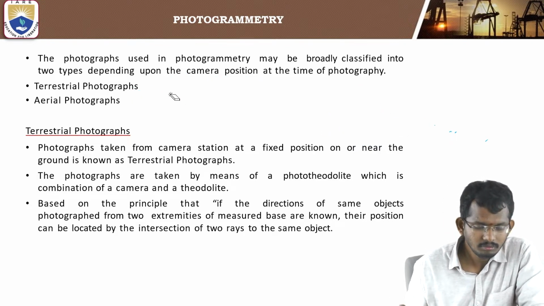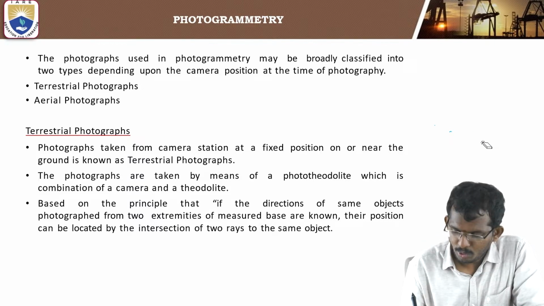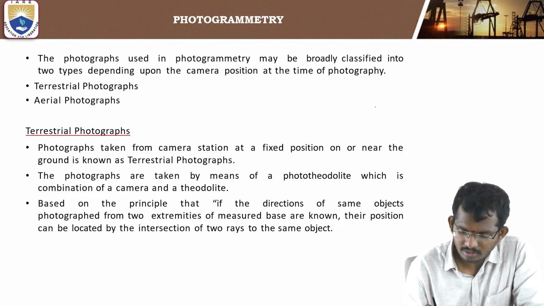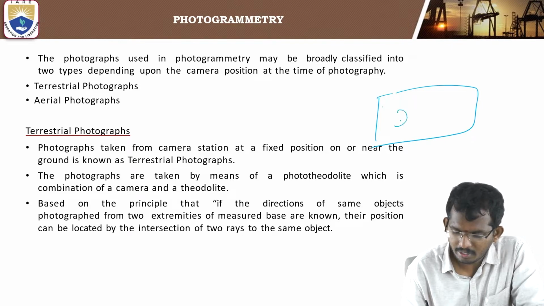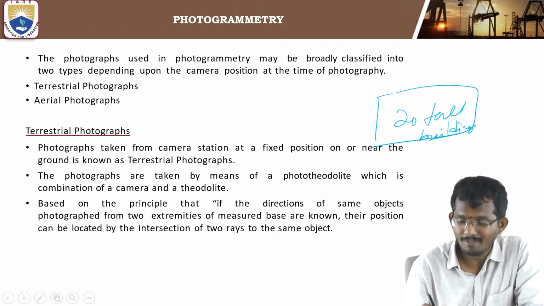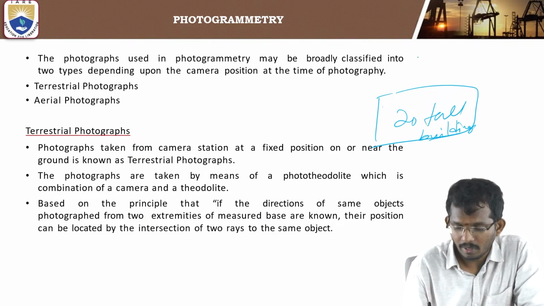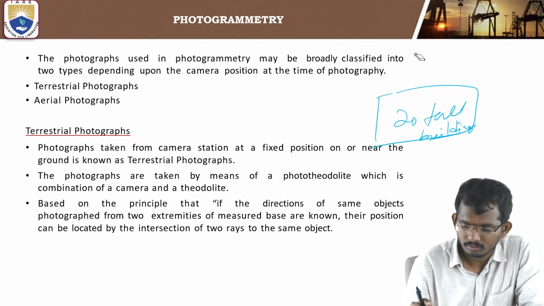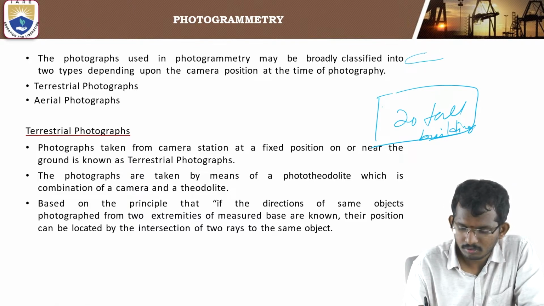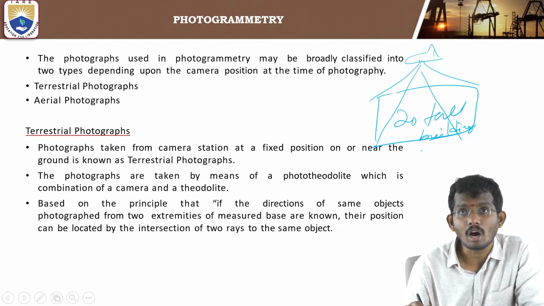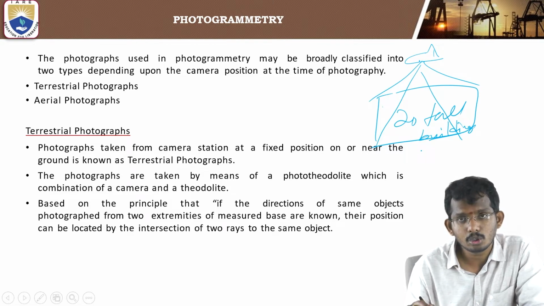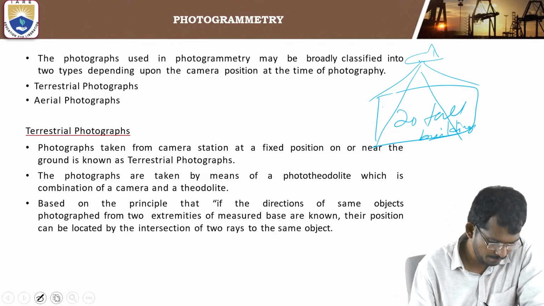Next one is aerial photogrammetry. Suppose there is a town here, the same town with some 20 tall buildings. I want to find the height of this town. So I'll take an airborne vehicle, an aircraft. This aircraft will capture the entire town in 2 or 3 exposure station points.